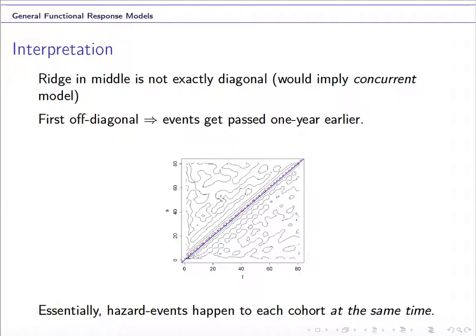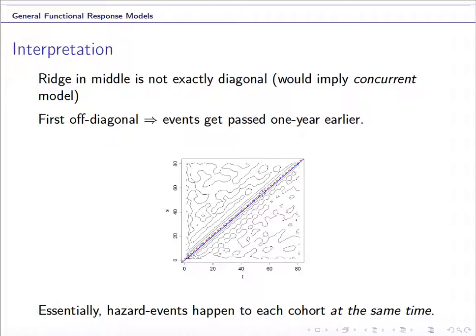So this is a contour plot, and it's hard to see anything here. But one thing we do find is that in the diagonal area, there's a kind of plateau. The length of these plateaus is roughly equal to 1.